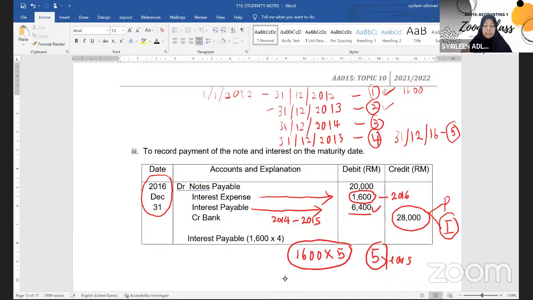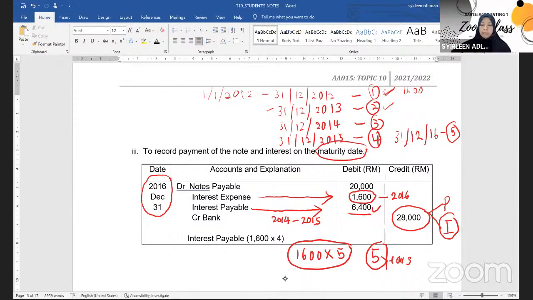So that will be your journal, to record payments for the notes and interest on the maturity date. So you need to be very careful, especially when you are calculating the maturity date, and you need to be very careful to see the accounting period as well. Sebab accounting period akan menentukan bila sebenarnya kita akan declare our interest expense.